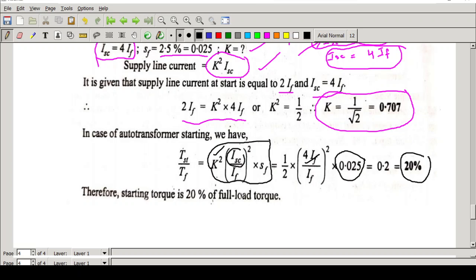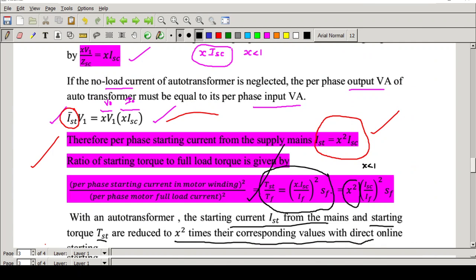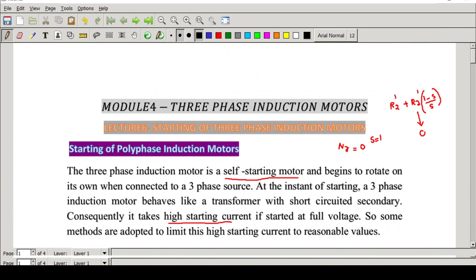So that means the starting torque is 20% of the full load torque in the case of using this type of autotransformer. Okay, so here the main equations are this one, that is supply current is equal to K squared ISC, and then this particular equation. All other conditions are given in this question. Okay, so I hope you got an idea about the starting of a three-phase induction motor.